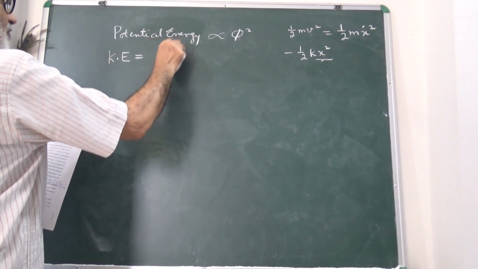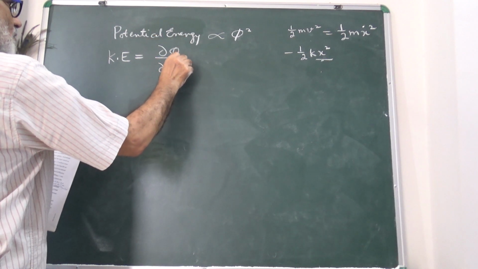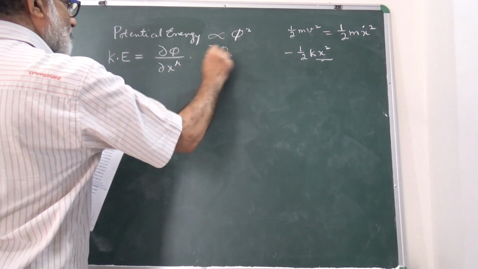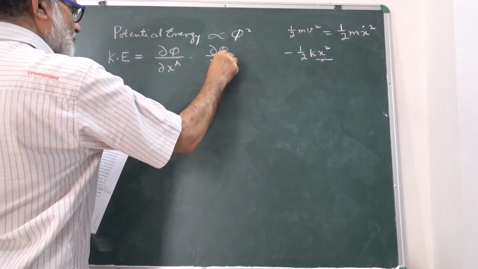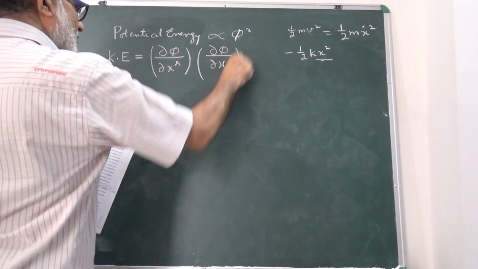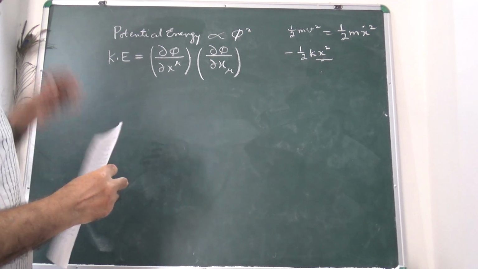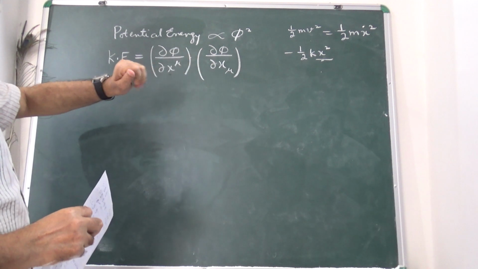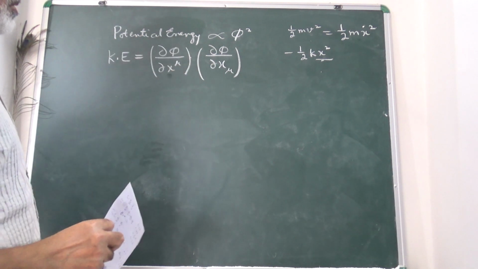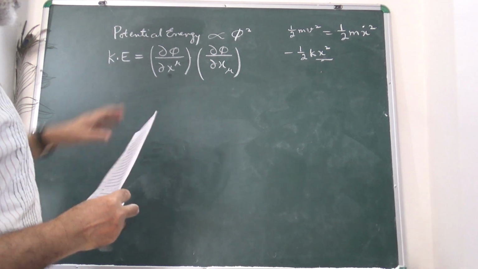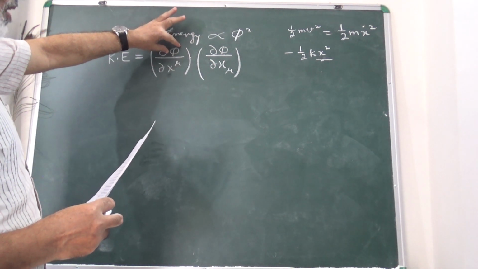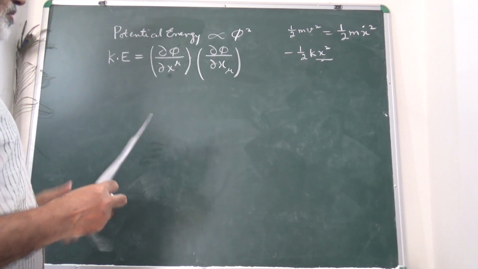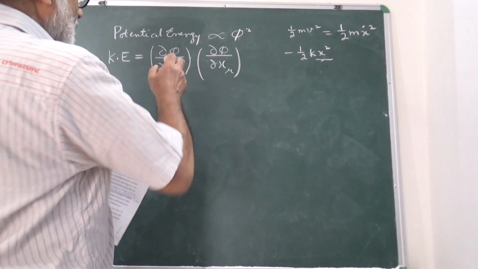So it will be del phi by del x mu times del phi by del x mu. We have discussed contravariant and covariant: if it were a scalar quantity, there would be no difference, but if it is a vector quantity, we have to write it like this.